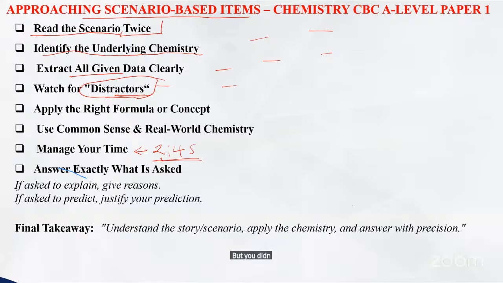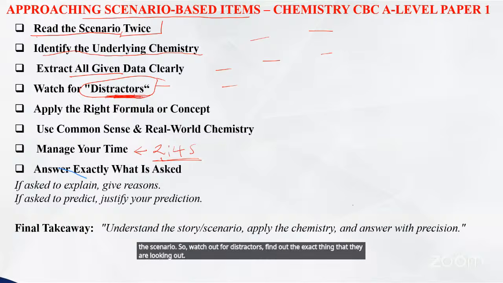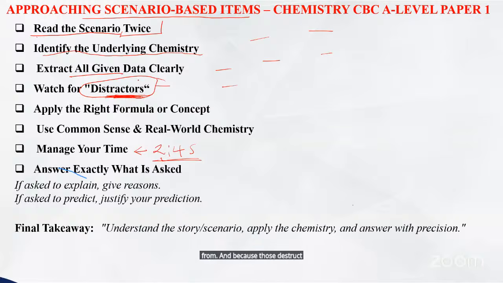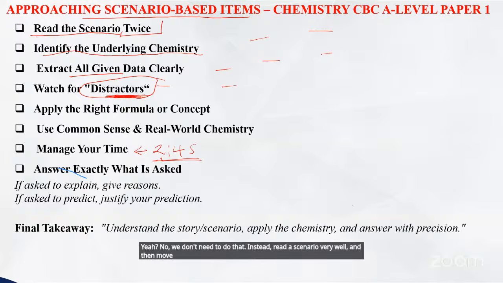But you didn't analyze and read the scenario very well. So watch out for the distractors. Find out the exact thing that they are looking for. Those distractors can be put to see who has understood the chemistry behind it, or someone who sees thermochemistry and then begins a Born-Haber cycle. No, we don't need to do that. Instead, read the scenario very well and then move step by step.